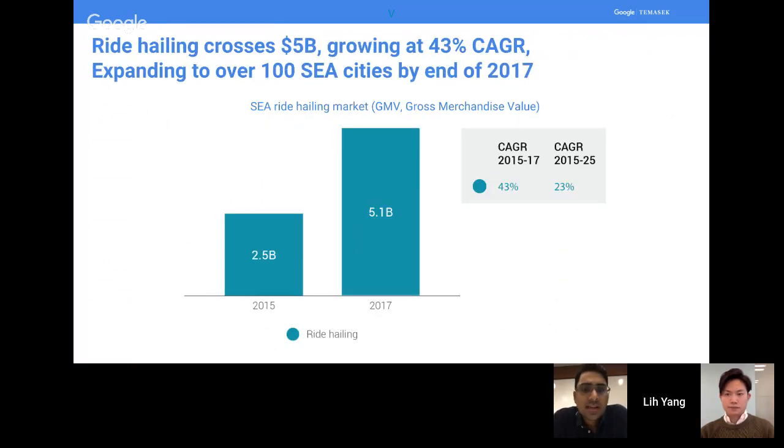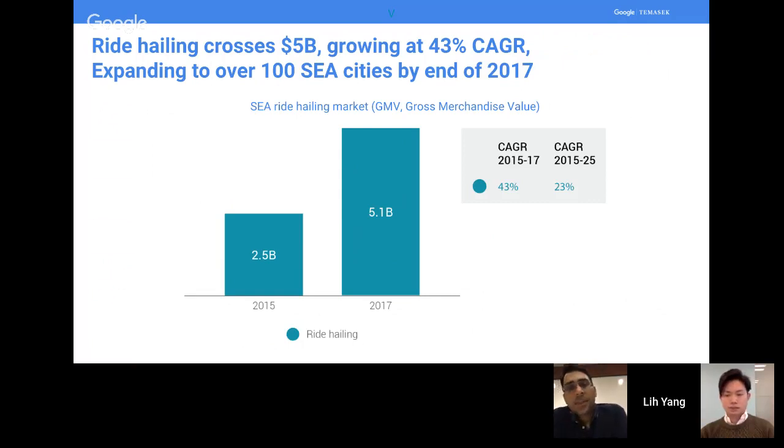you can see that the ride hailing industry has actually grown the fastest amongst all the other industry verticals that we studied. And this is testimony to some of the factors that we just talked about, which is huge growth across cities, penetration into tier 2, tier 3, consumers taking more rides than ever before, convenience, safety, and so on. The size of the market has more than doubled to $5.1 billion from where it was just a couple of years ago.